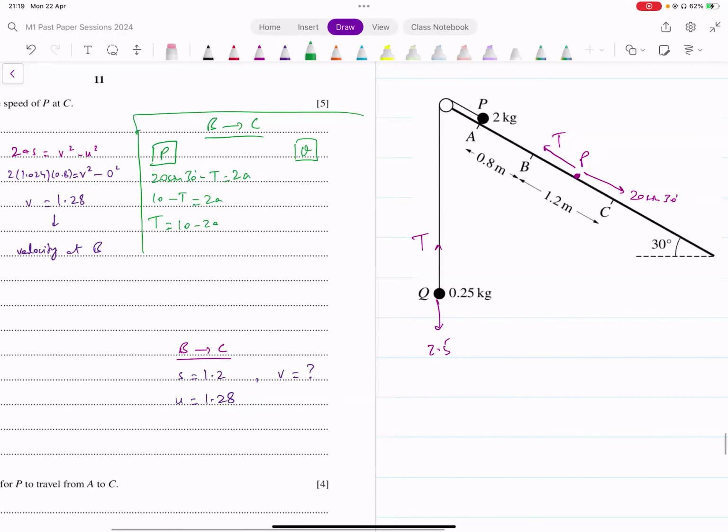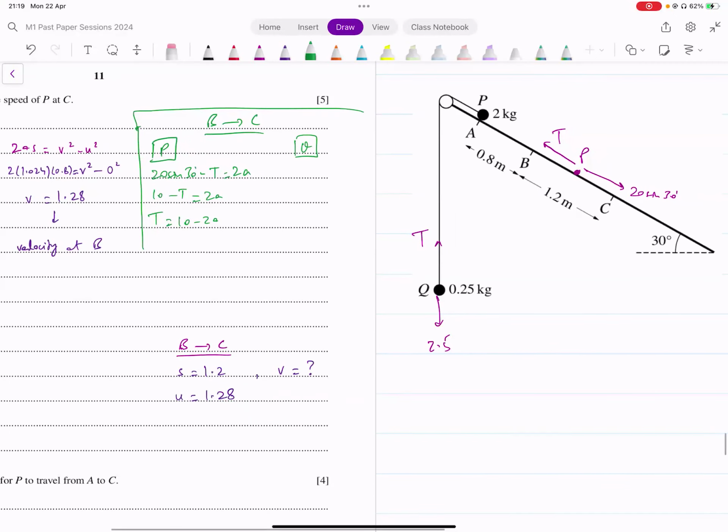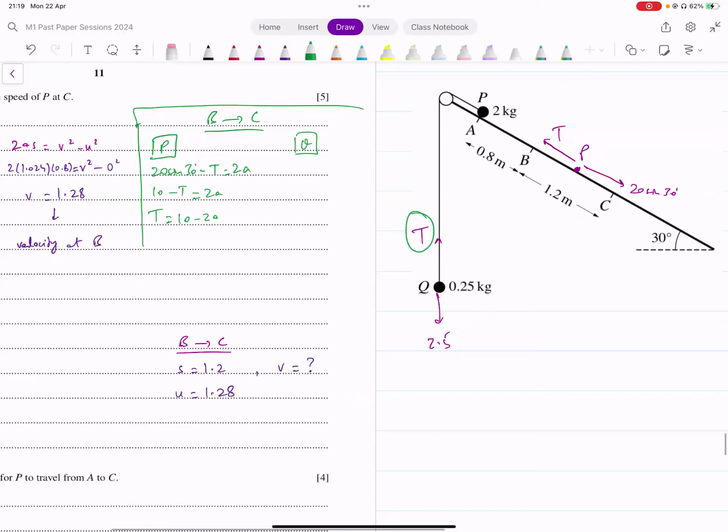Apply Newton's second law of motion on Q as well. Q is moving upwards. Forward force is T. So we say T minus 2.5 equals mass of Q, which is 0.25, into acceleration.